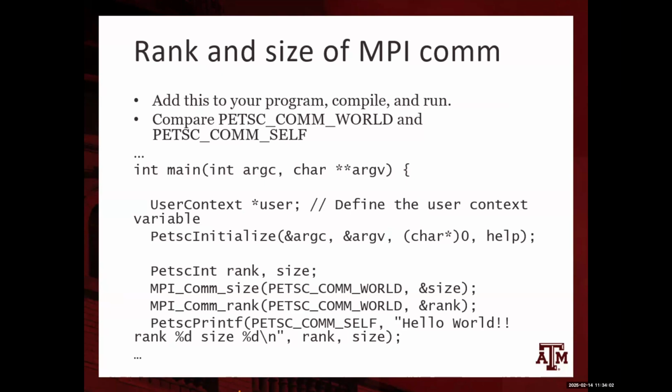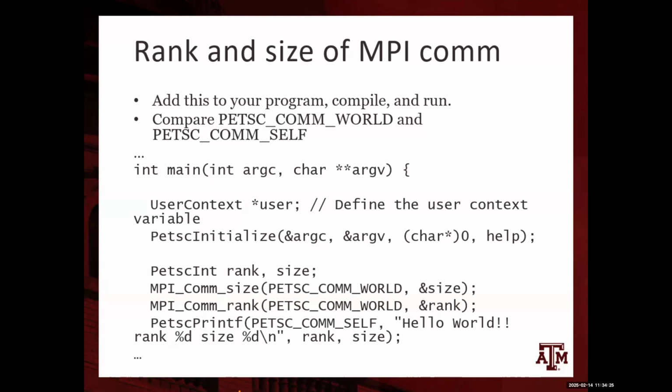And then after your hello world, we also want to print out the rank and the size. Okay, so copy and paste. Rank is the number of processors. No, size is the number of processors. Rank is the processor on which at that moment it's being run.